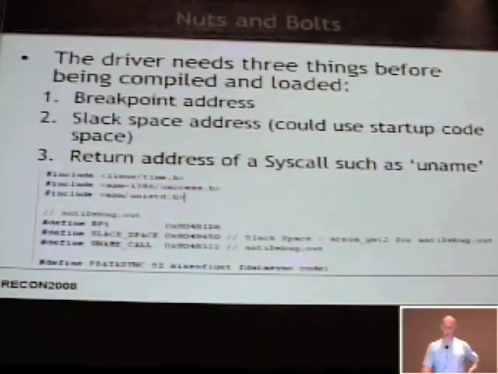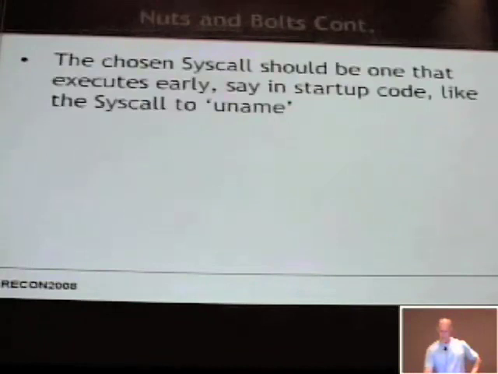Okay, and so I find one that I'm interested in that happens very early, maybe in startup code. If you disassemble a Linux compiled program, you're going to see that there's always some sort of bootloader code or startup code for CNIT and that type of stuff that happens early in the game. So you can use that. Like I said, you can use the uname.